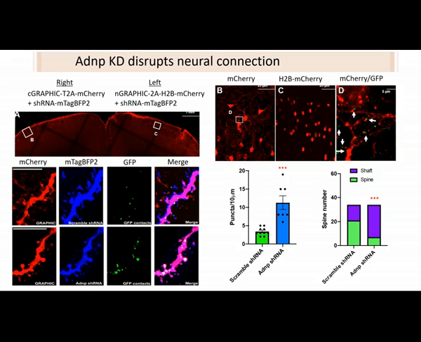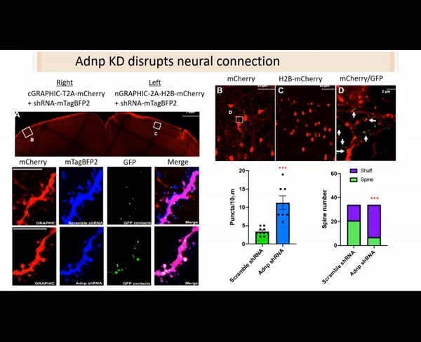mCherry and/or BFP can visualize the dendritic morphology, including spines. So we counted the GFP puncta on mCherry positive dendrites and spines. Admp knockdown resulted in an increase in GFP puncta number, as well as an increase in puncta in the shaft region.